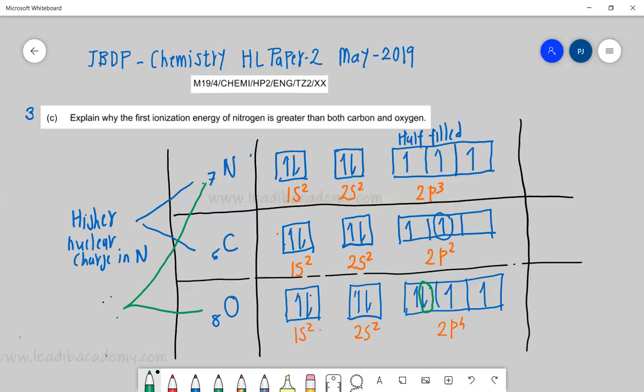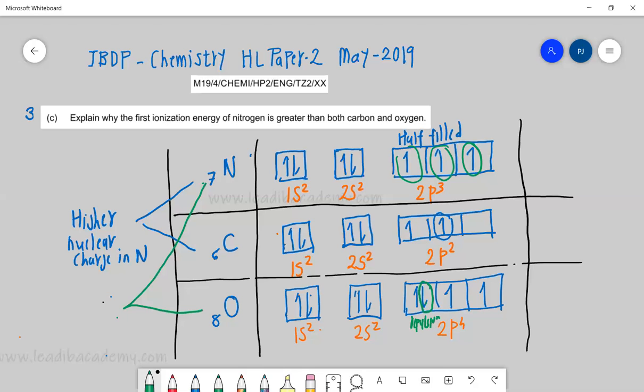Pairing up in the same p orbital, there are 2 electrons which are staying close to each other. They have been paired up. So obviously there is going to be a repulsion between these 2 electrons because both are negatively charged. Even though they are paired up, still there is going to be a repulsion. So it will be much easier to remove this electron as compared to any of these electrons.